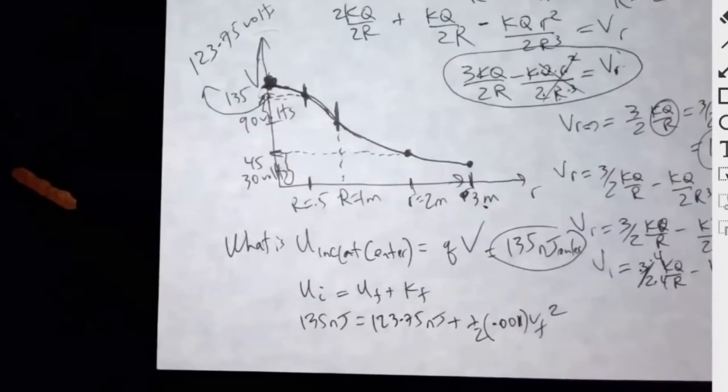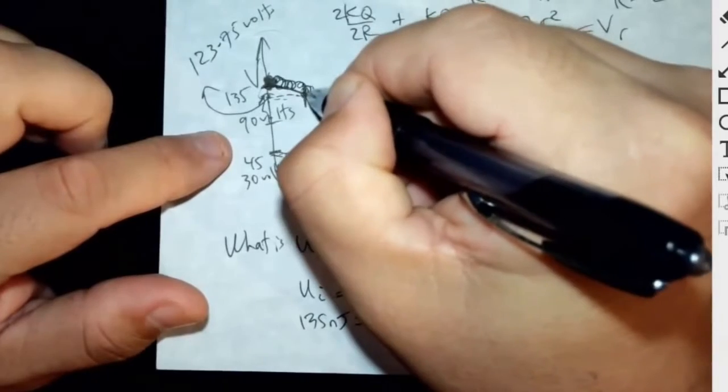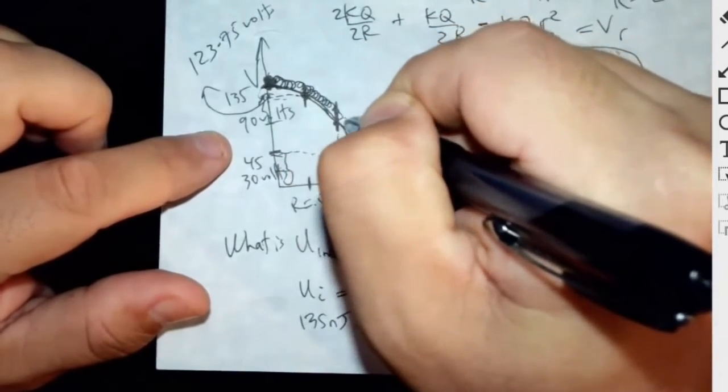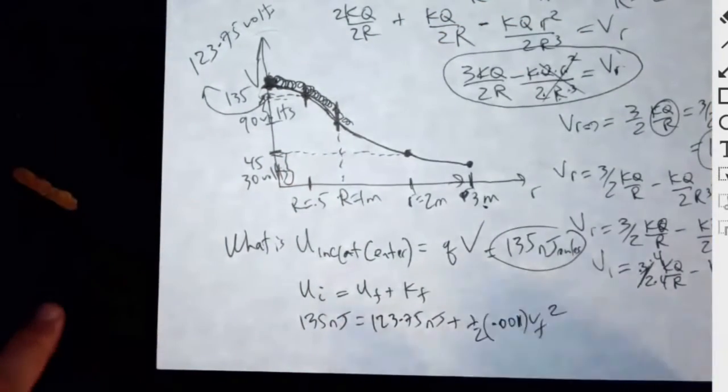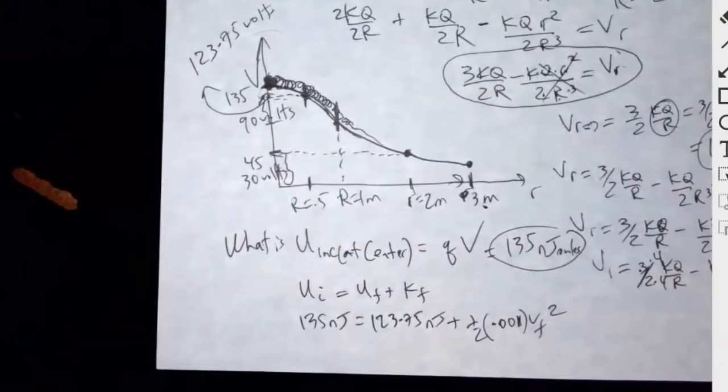So now you've answered this essentially like a ball rolling down the hill. A ball rolling down the potential energy hill.